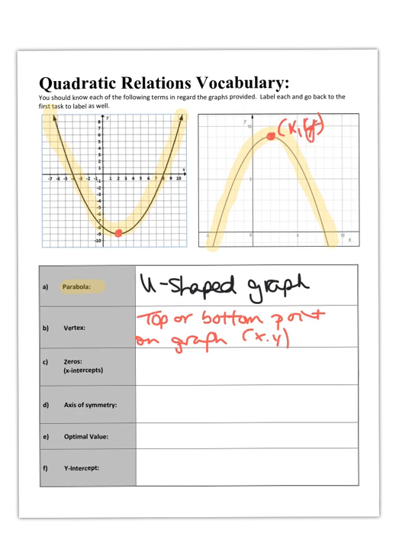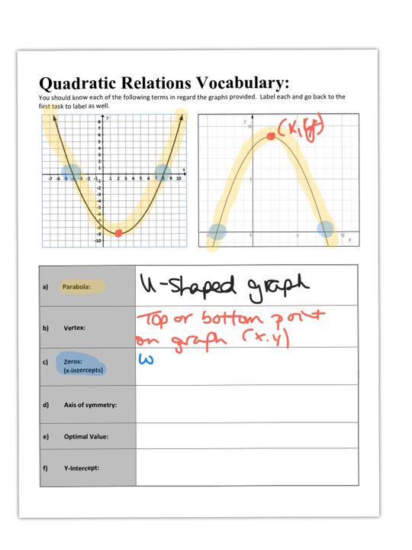Okay, then we talk about the zeros. The zeros are something you probably haven't heard of in that term, but zeros are actually just x-intercepts. So zeros are going to be right where the U-shaped graph crosses the x-axis. Those points have something in common.